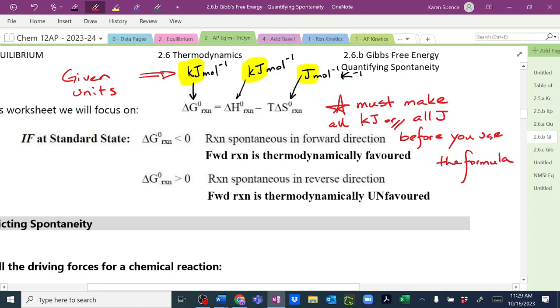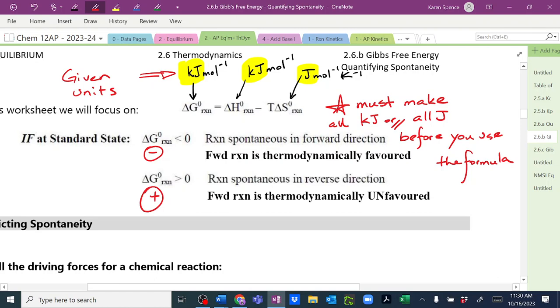Now let's remember, if delta G is negative, what can you say about the reaction? Thermodynamically favored. If delta G is positive, what can you say about the reaction?